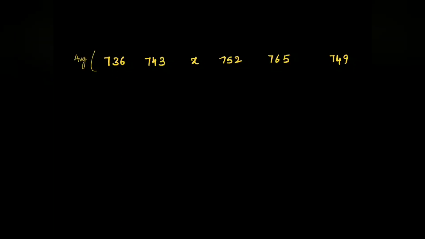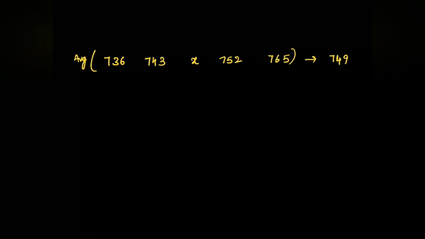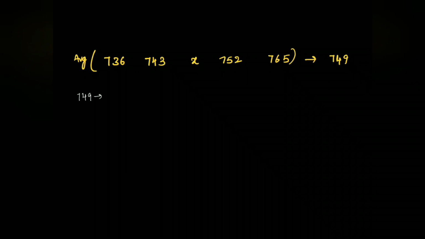Then the value of x. Now you can't find the sum of observations, because we don't have that much time to calculate the sum, divide it by 5 and equate it to 749. So what you do is you take 749 here and find out the sum of deviations.